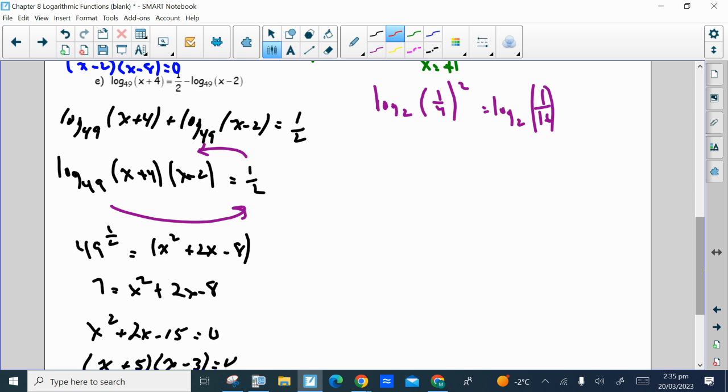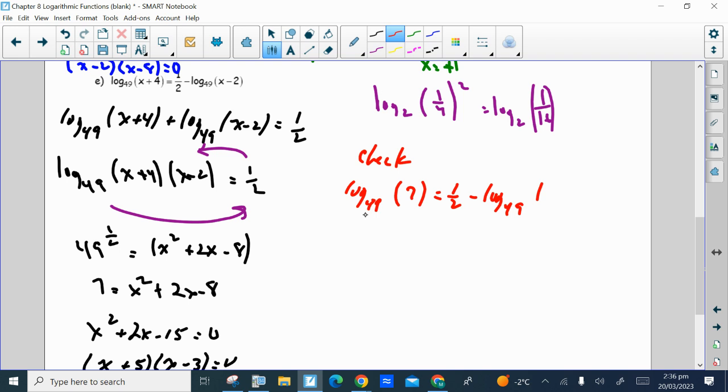To check to make sure that 3 does work, we check just using the equation. When x is 3, 3 plus 4 is 7. And when x is 3, 3 minus 2 is 1.